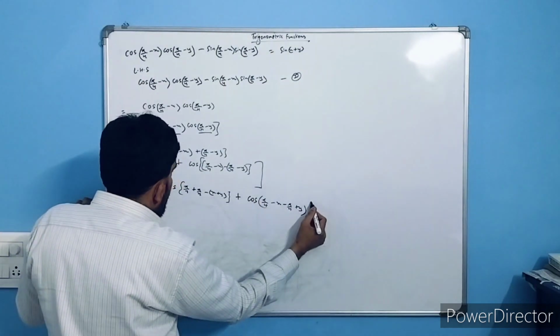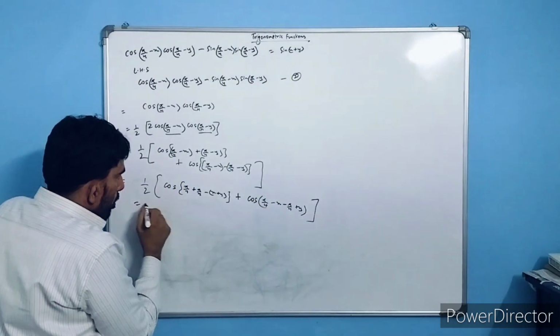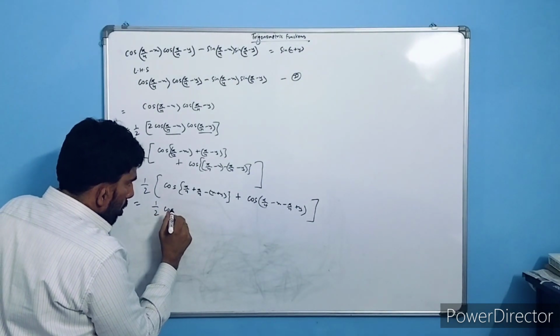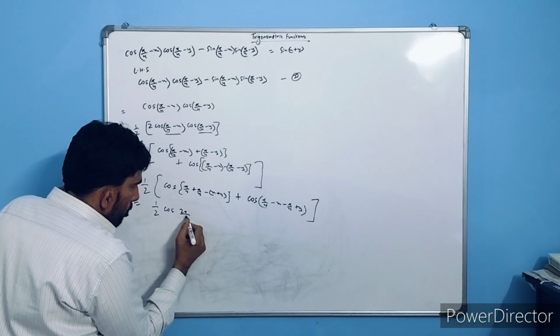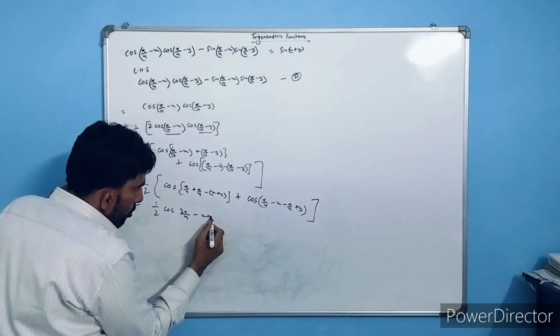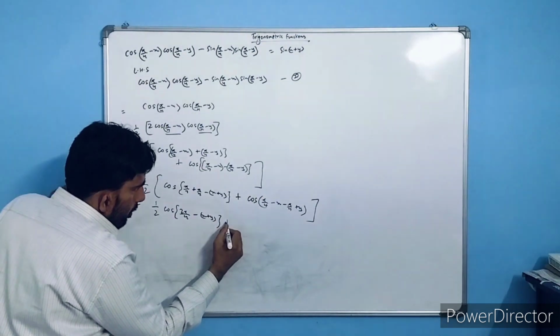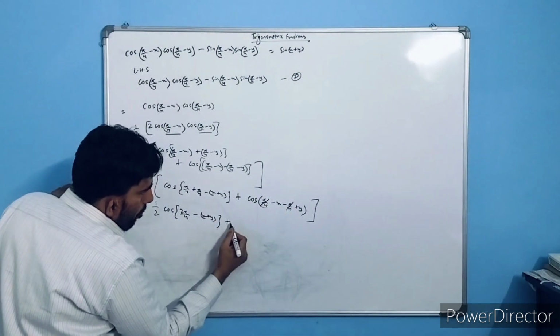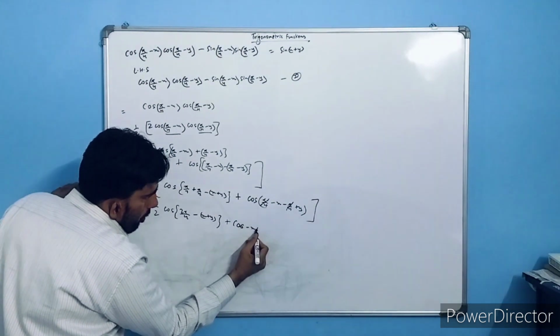Okay, so now I got this: half cos(2π/4 − (x+y)) + cos(−x+y).